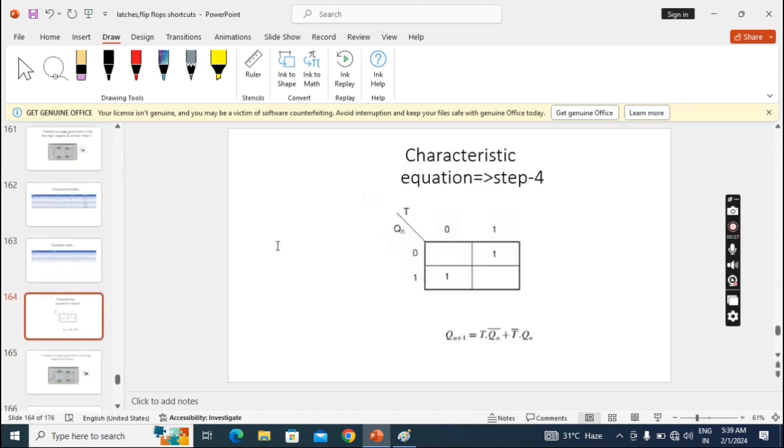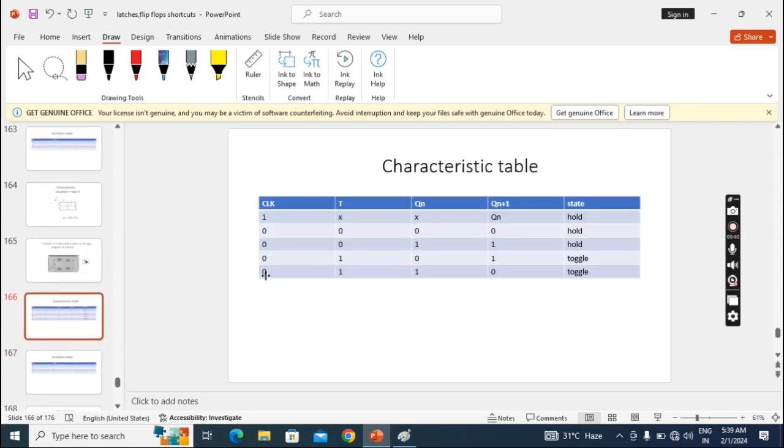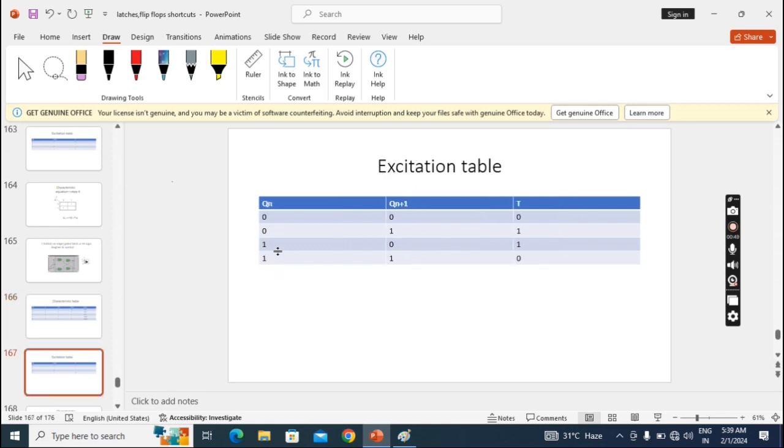The excitation table and characteristic equation are the same as the latch. Now with negative edge, here a NOT gate and a circle and triangle symbol will come. So here clock values work with edges, but in a latch it works with levels, remaining everything the same.